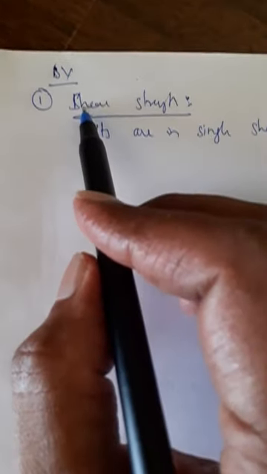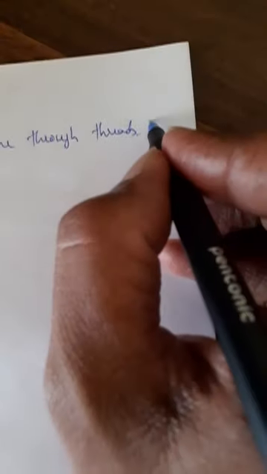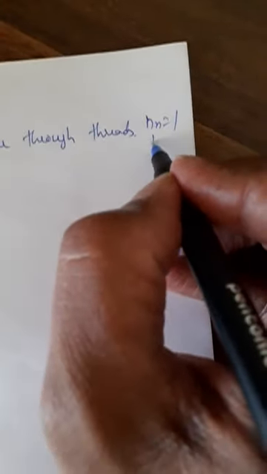Now we'll start with the bolt value. For bolt value, first shear strength. Assume bolts are in single shear. The shear plane cuts through the threads. So NN is equal to 1, NS is equal to 0.